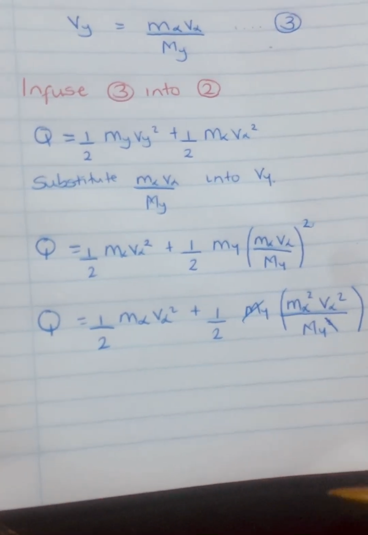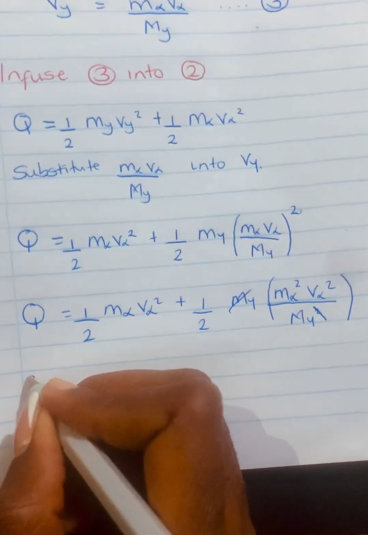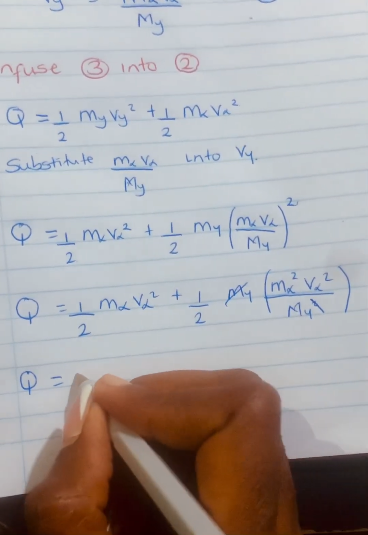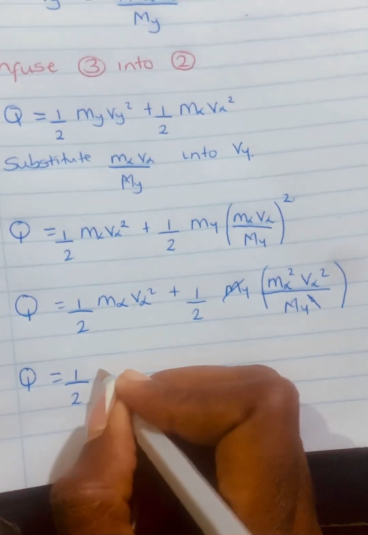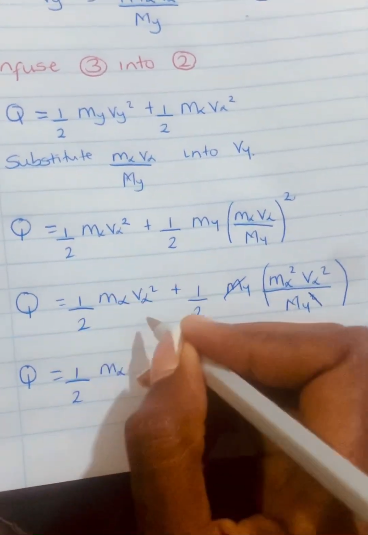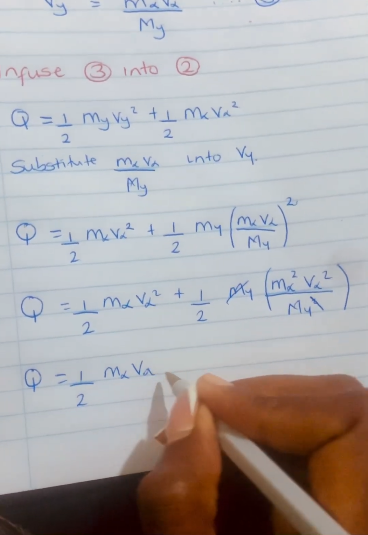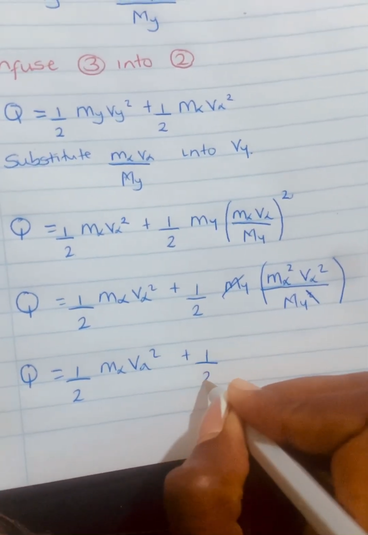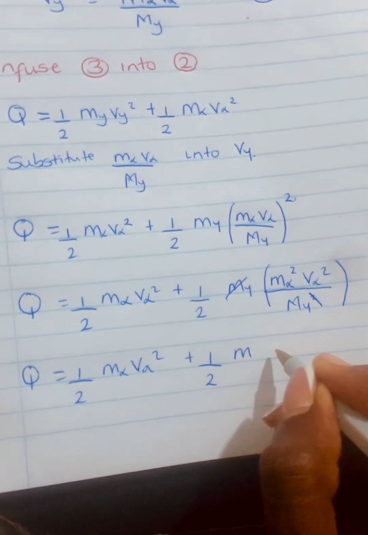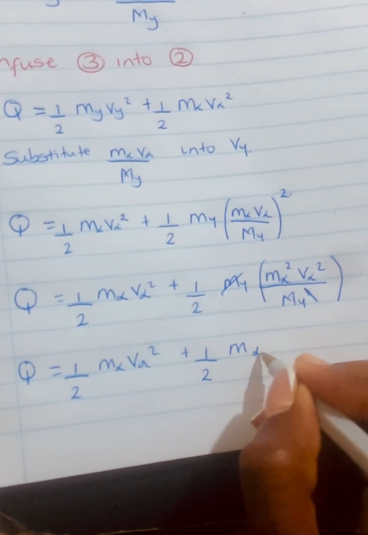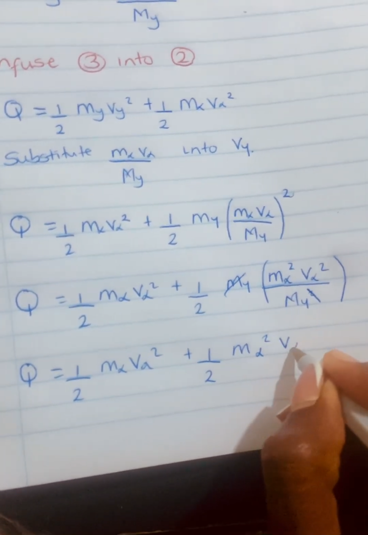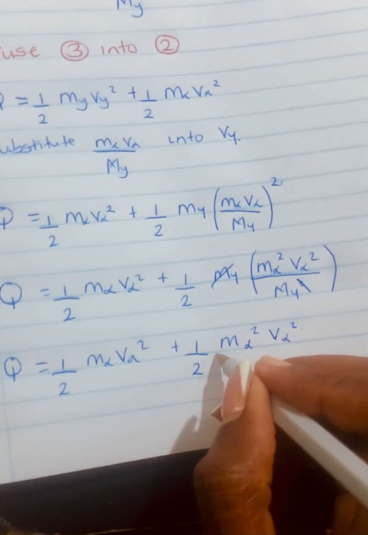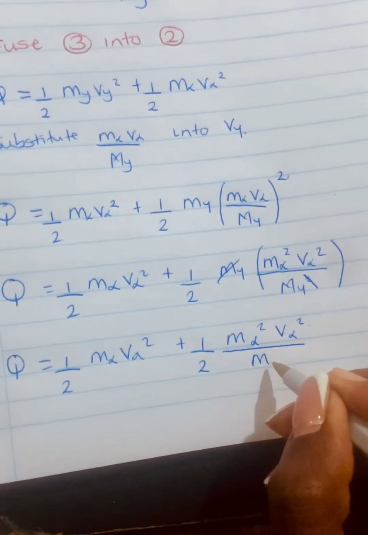So we will now remain with Q equals 1 over 2 m_alpha v_alpha squared plus 1 over 2 m_alpha squared v_alpha squared over m_Y.